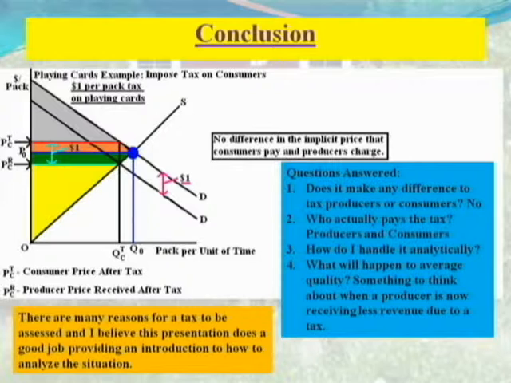What will happen to average quality? Something to think about when a producer is now receiving less revenue due to a tax. How does this affect the motivation of a producer in reference to quality? It's a good question to ask.